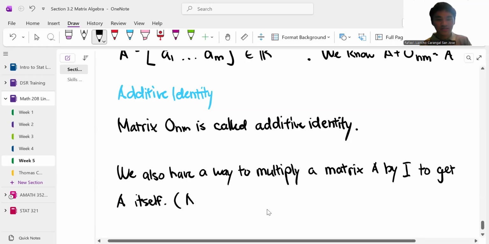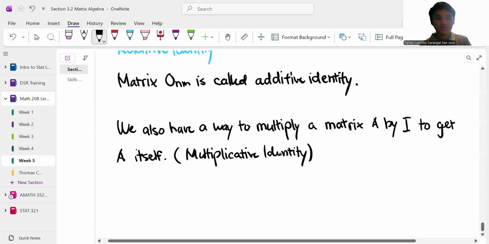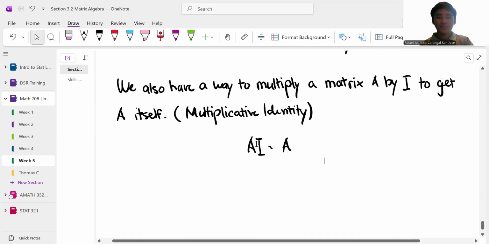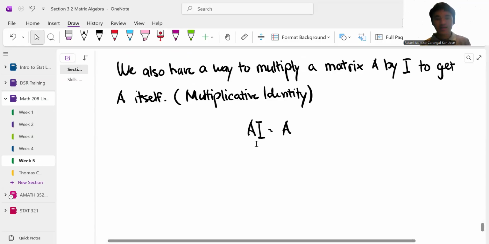When we're multiplying, one of the arithmetic laws, we call it the multiplicative identity, because what we multiply to this A is just going to result in itself. So what am I saying? I'm saying A is multiplied by some I matrix, we're still going to get A. Now, what is this matrix I? This is the identity matrix.